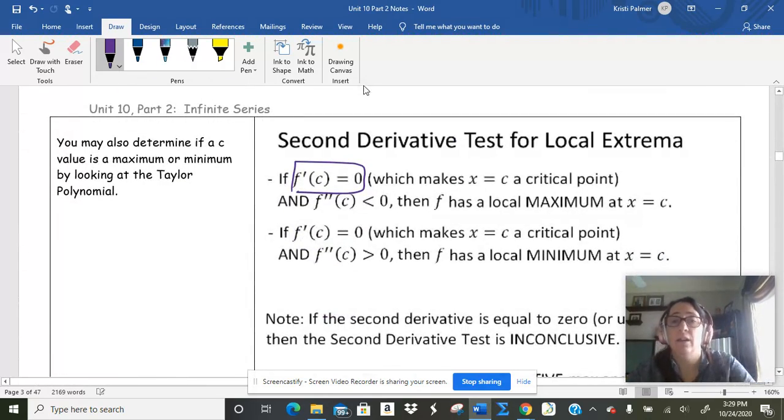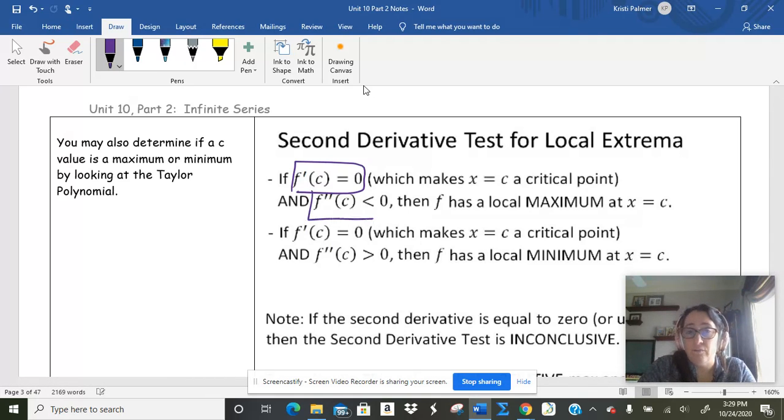So here, when I can see that the first derivative is 0, I have a critical point. If I then go find the second derivative, if the second derivative is less than 0, remember concave down, then I have a relative max. And if the second derivative is greater than 0, concave up, I have a relative min.